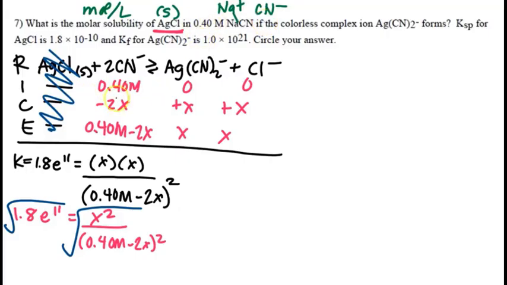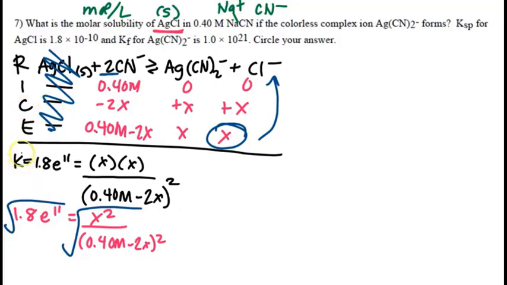So we go ahead and add that as initial amount, minus 2x because we have a 2 in front of our CN-, and then we have an equilibrium expression of 0.40 molar minus 2x. Next, again, we're going to fill out the rest of our ICE table, and we get x values for our complex ion and Cl-. Therefore, once we solve for x, we automatically are going to solve for Cl- concentration, which is going to be equal to the molar solubility, which is what the question asks for, right?